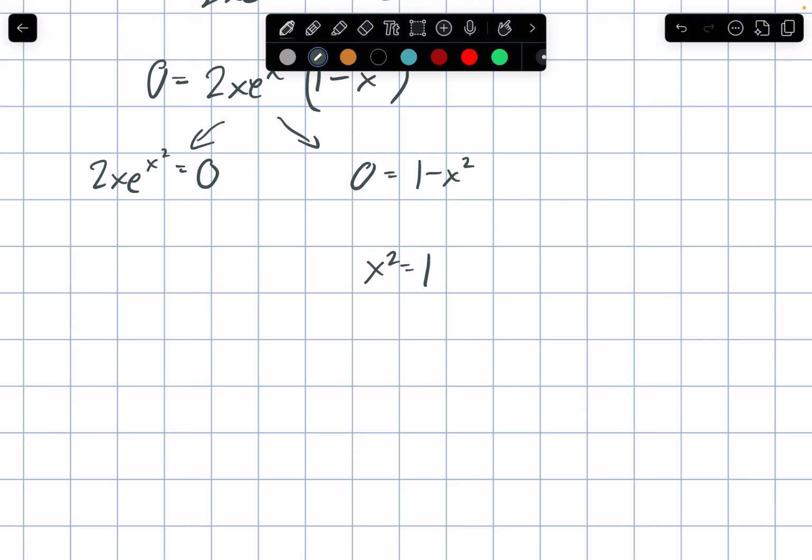No. Bad idea. So what x value will make the entire thing equal to 0? Anything that's multiplied to 0 is 0. So let's try x equal to 0. So it's most likely 0, for sure. Therefore, x equal to 0 is one of the values that we want to find. And here, we have positive 1 and negative 1.